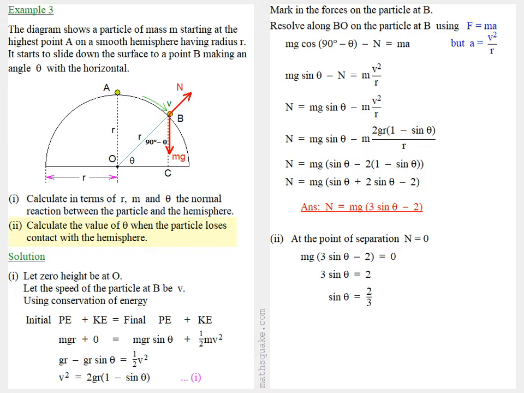So sin theta is equal to 2/3, or theta is the inverse sine of 2/3. And if we work that out on a calculator, theta is 41.81 degrees. So the particle loses contact with the hemisphere when theta is equal to 41.8 degrees.